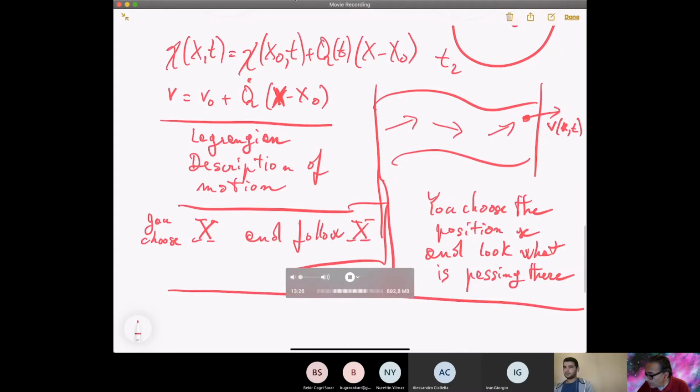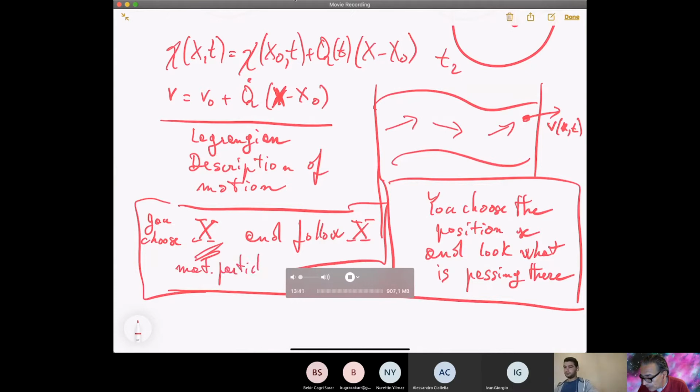So the point of view is different. Okay, in this Lagrangian description, you follow a certain material particle. Instead, in the Eulerian description, you block the position and you look what is passing there.